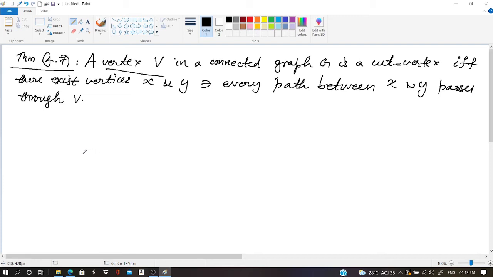Now we can consider another theorem. Theorem 4.8.